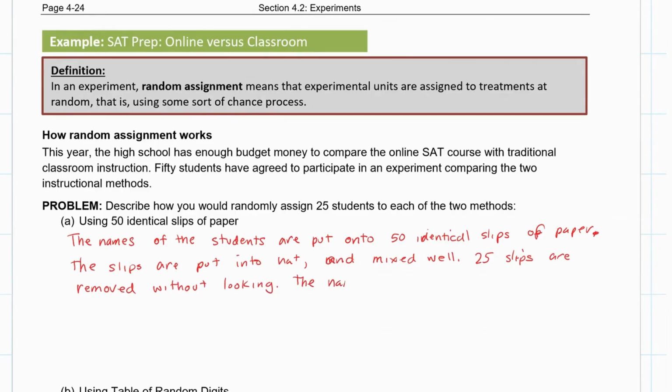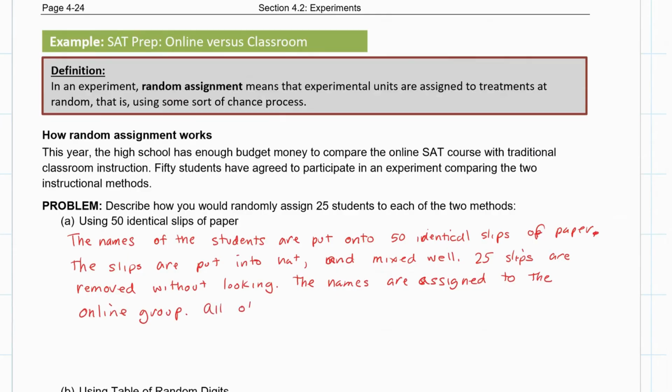Those names are assigned to, we'll put them in the online group. What about the others?